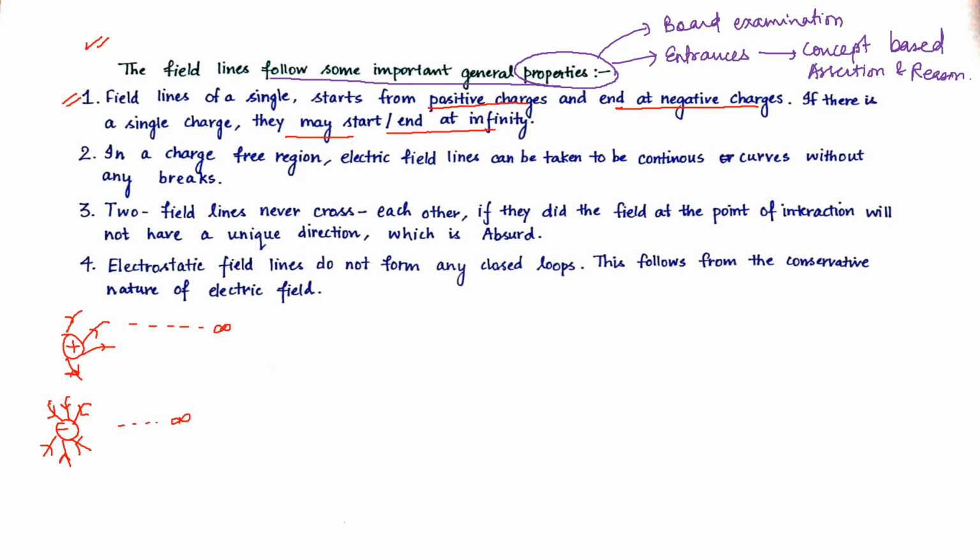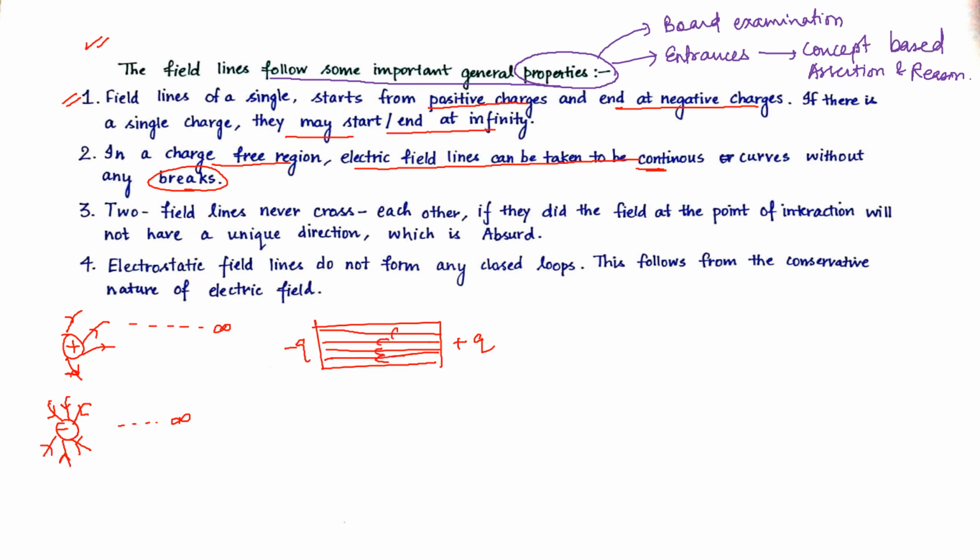In a charge-free region where there is no charge, electric field lines can be taken to be continuous curves without any breaks. They do not break. Like this is a charge-free environment. Here we have a charge, here we have a charge. So there will be electric field lines. It will not be empty. They will be going from here to here, right?